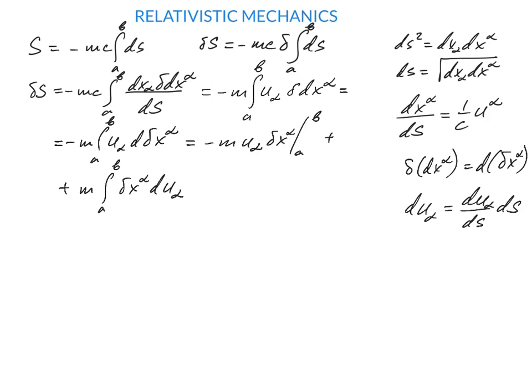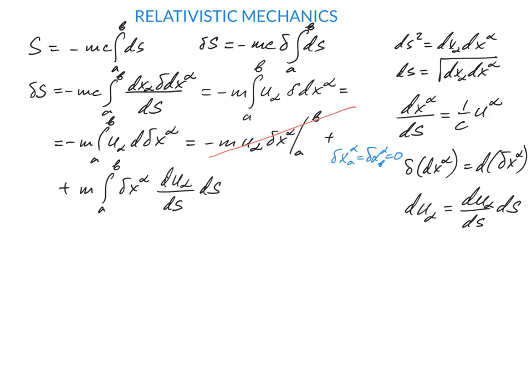So then let's substitute this here. So we have du alpha by ds times ds. Now the term with the substitution vanishes because the endpoints of the trajectory are held fixed, because delta x alpha a and delta x alpha b are both 0.